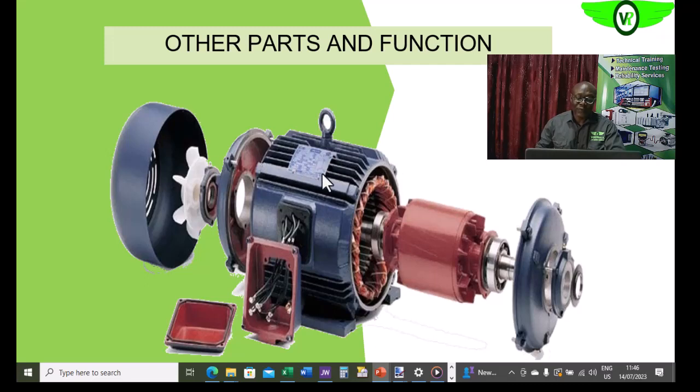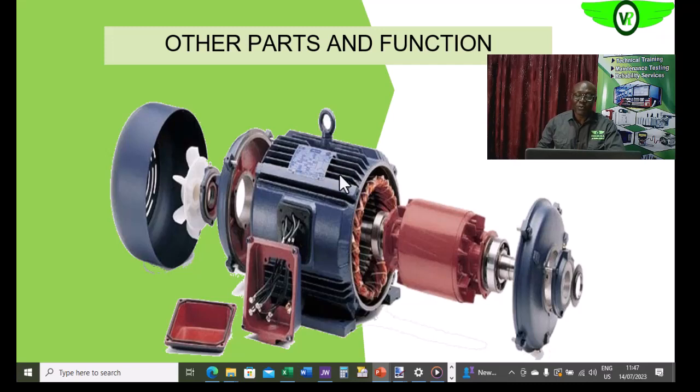So the function of this fin-like structure is to retain the air on the frame as much as possible, so as to enable effective conduction of heat that will be carried from the winding during operation to the frame of the electric motor, away from the electric motor. So all of this helps to effectively cool the electric motor.